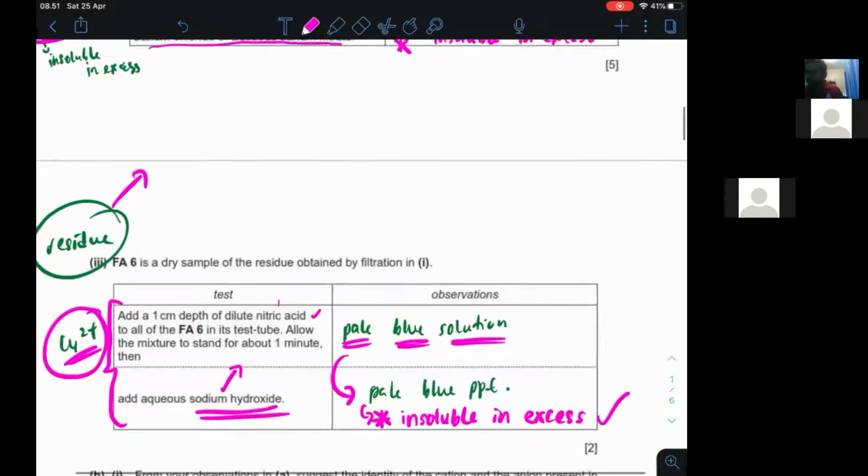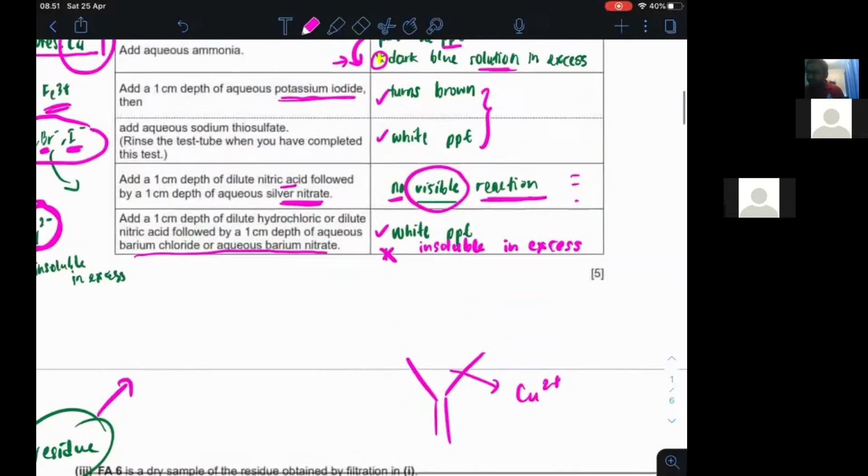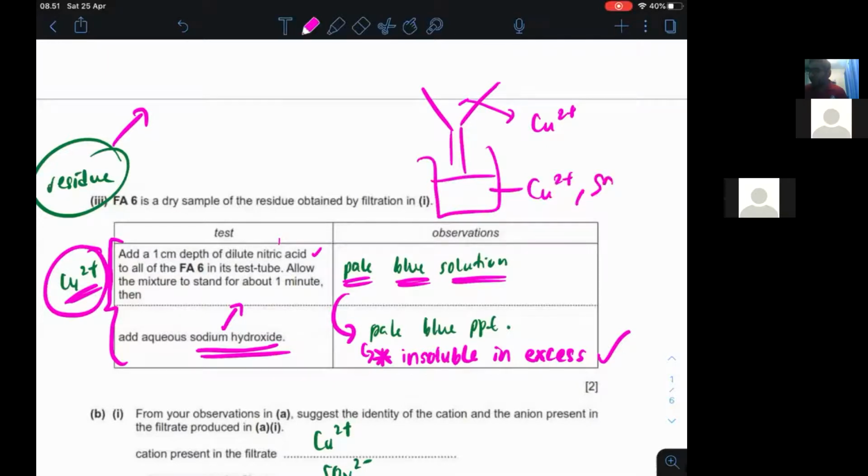It means the residue, which is the solid, contains ions. When we look at the cation and anion, the solid contains copper 2 plus also. The residue contains copper 2 plus. The filtrate also contains copper 2 plus and SO4 2 minus based on your observation.